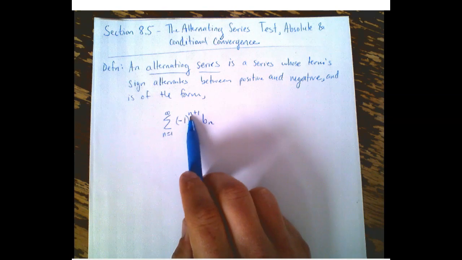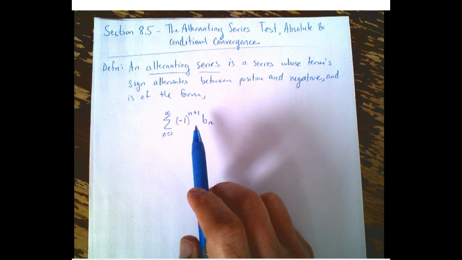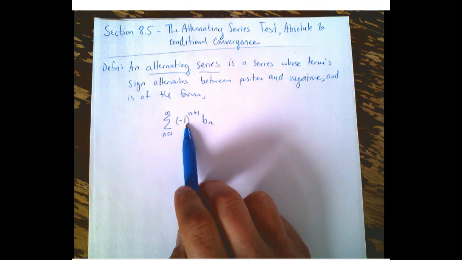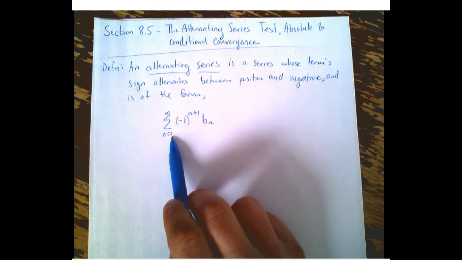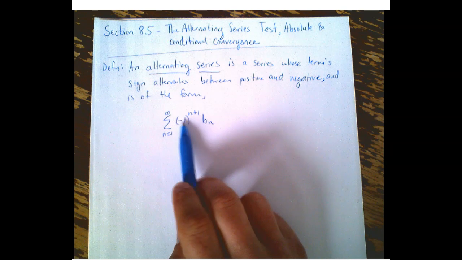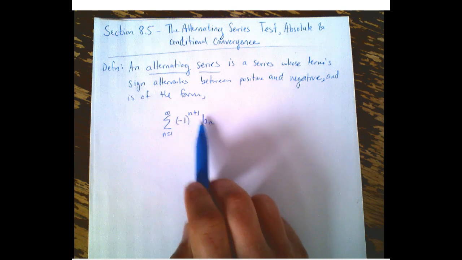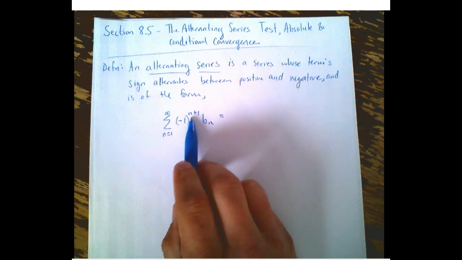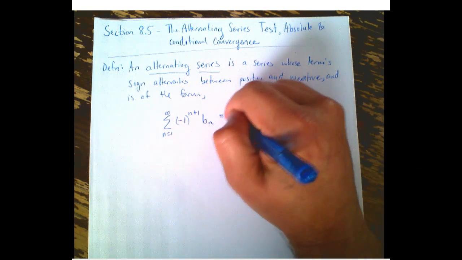So you can see here that we have this -1 raised to a power. We've seen a few series that look like this, but we'll talk more in depth about the convergence here. If n is equal to 1, we get -1 squared times b1. Because -1 squared is +1, we just get b1.